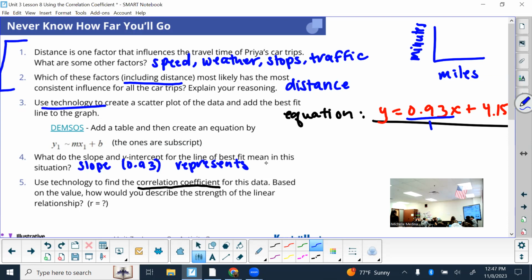Every 1 minute, 2 minutes, 0.1. Close. Correct. So for every 0.93 minutes, she traveled 1 mile.